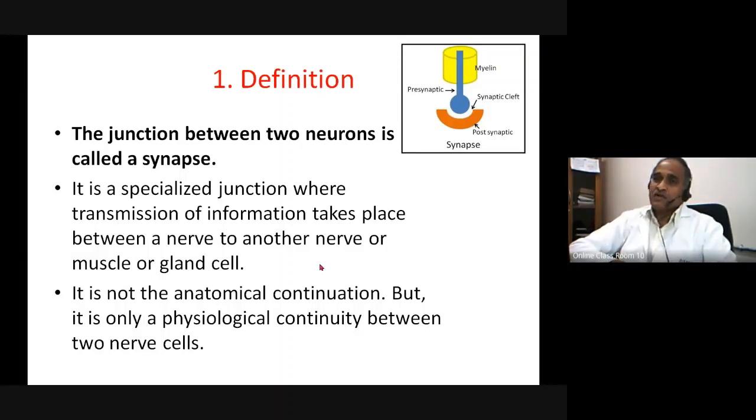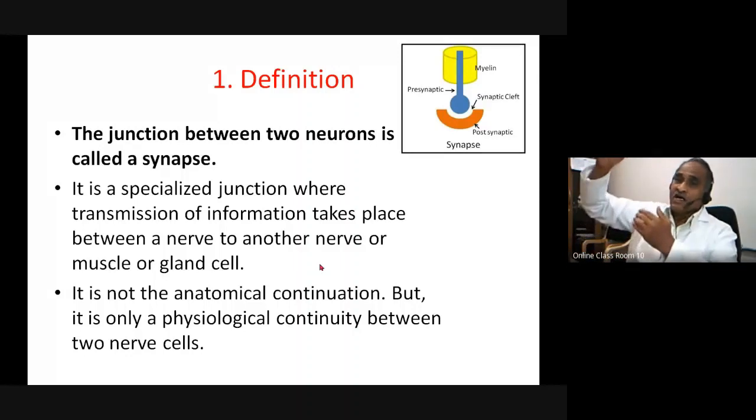One thing we should consider, it is not an anatomical continuity, because there is no single nerve reaching the brain. At the synapse, some nerve ends at one portion, and from there a new neuron begins, and this neuron reaches a particular part in the brain or brain stem, and then from there another set of neurons.